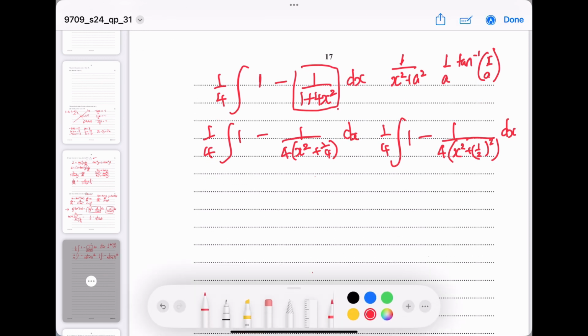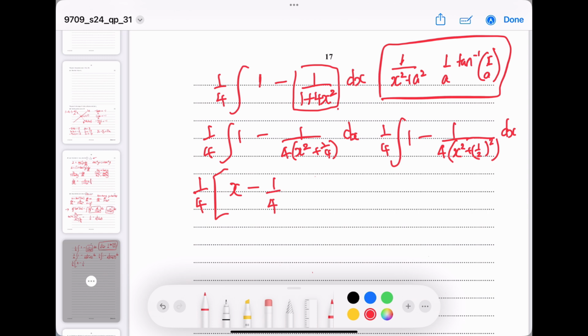So using this from the formula booklet, we've got 1/4 x minus 1/4, so I'm taking that quarter out, and then I'm going to have 1 over 1/2 tan to the minus 1 of x over 1/2.